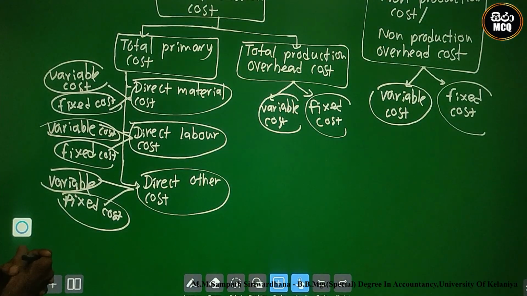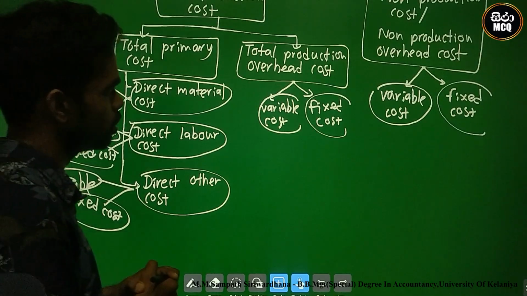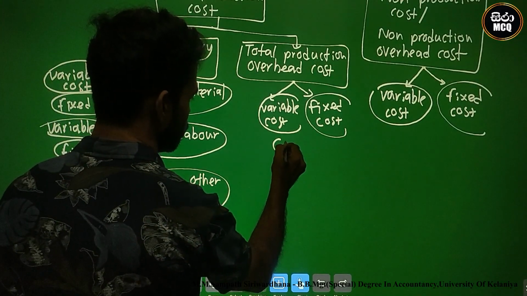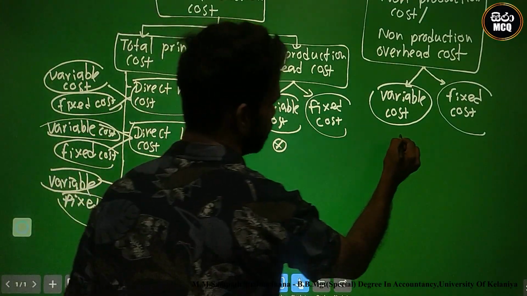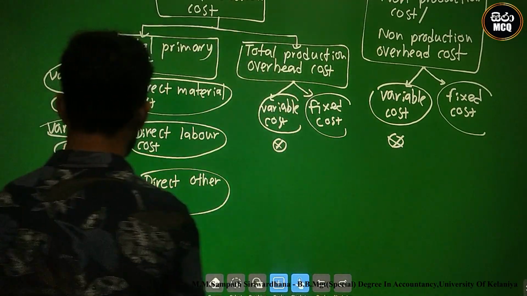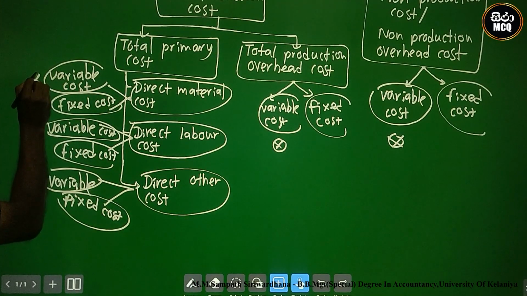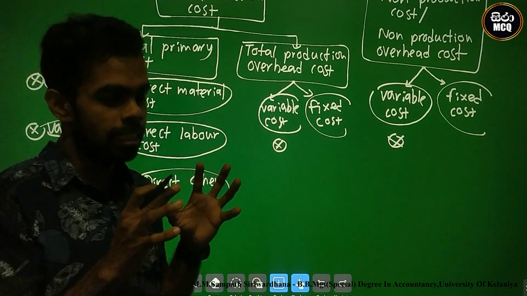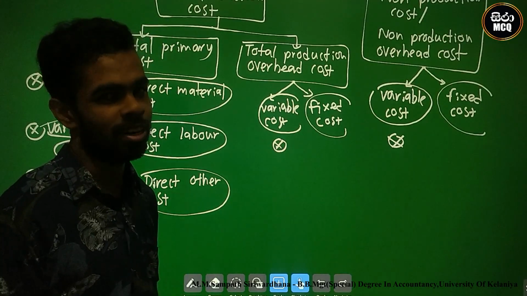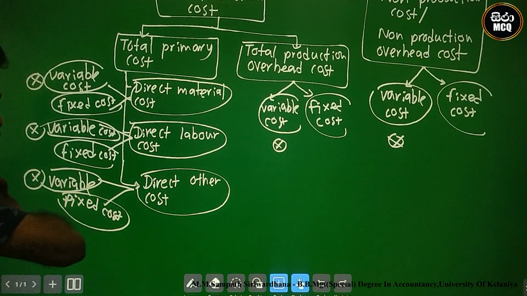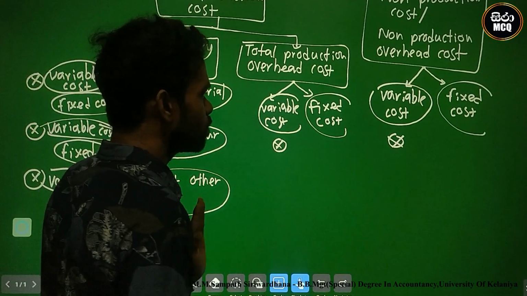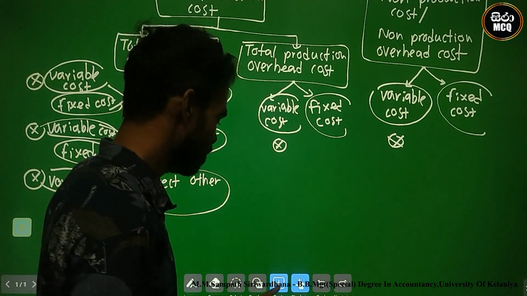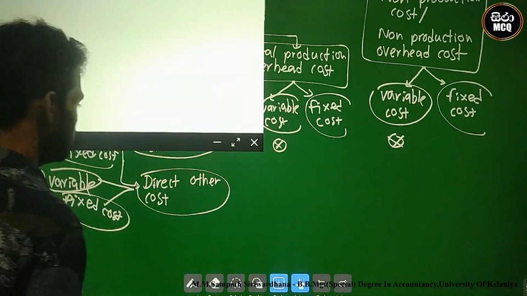All the variable costs here and there are the variable cost destinations we can identify. The total variable cost should be identified based on the total of the variable cost destinations.